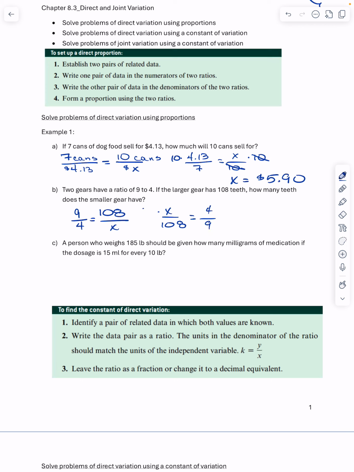It's just a little easier to solve when that 108 is in the numerator, though it does not really have to be. And we are going to get X equals 48 teeth.